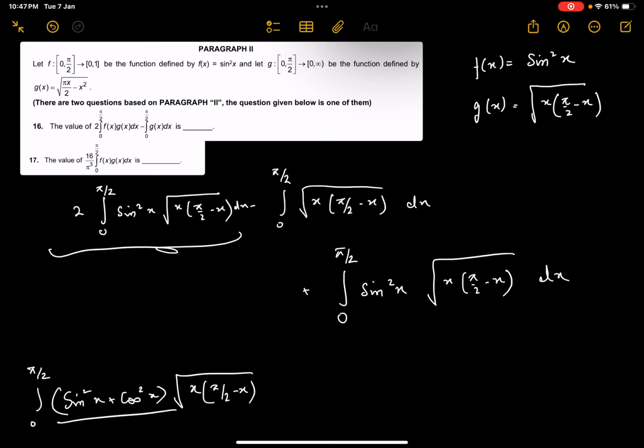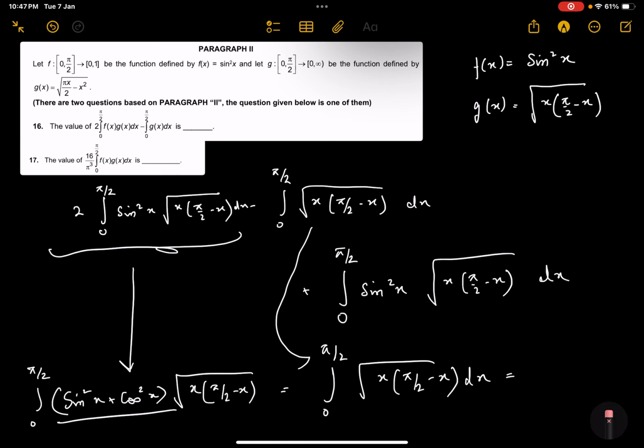This thing simply is this, which is equal to pi by 2 root x times (pi by 2 minus x), which is exactly this thing. And this is this thing with a minus sign, so they get cancelled away. So without actually integrating, we simply get this thing is 0. So answer of 16th is 0.